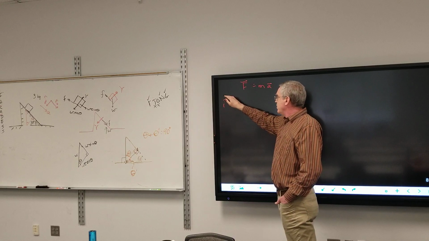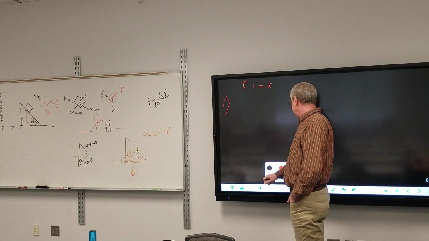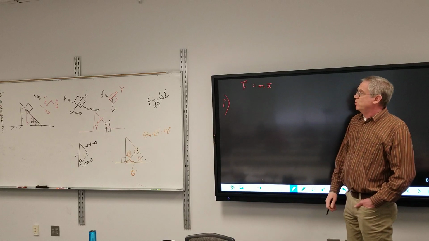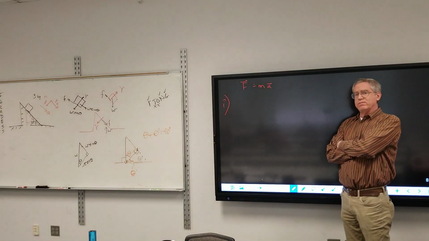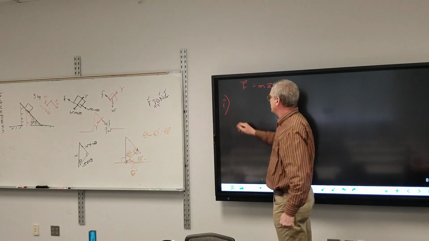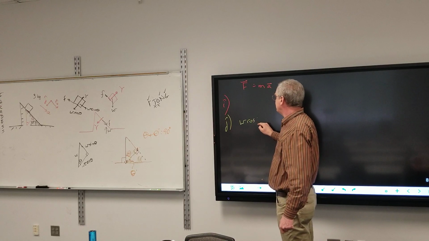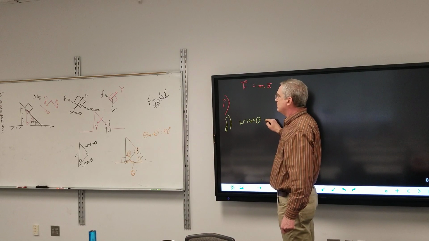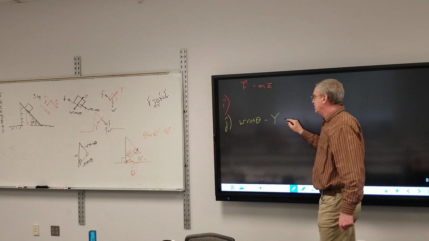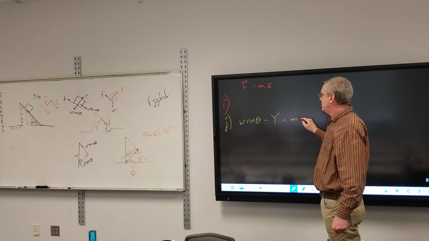Let's take my j hat equation. So we want to take a shot at the first equation. Weight times the cosine of theta, minus N, equals m times 0.